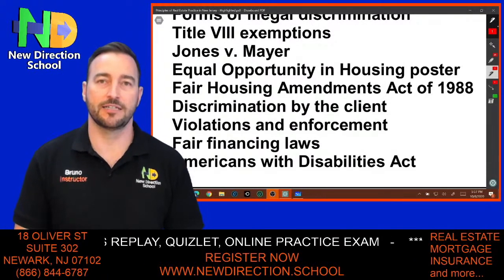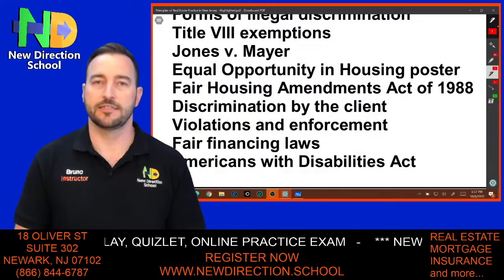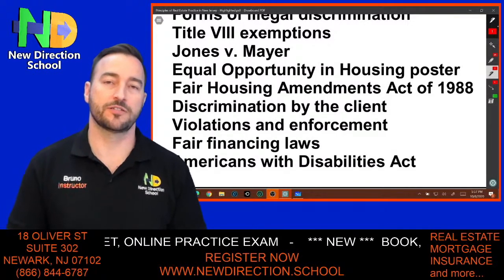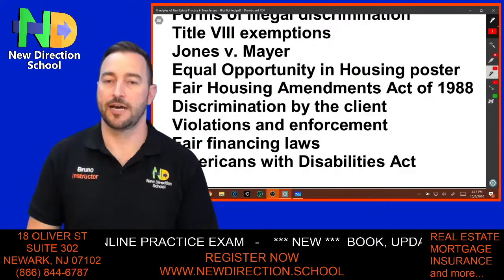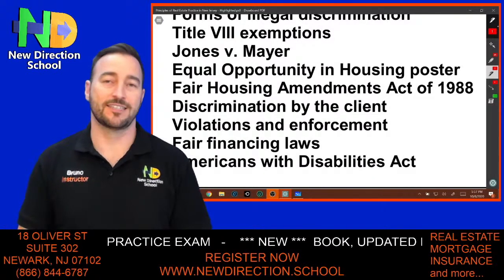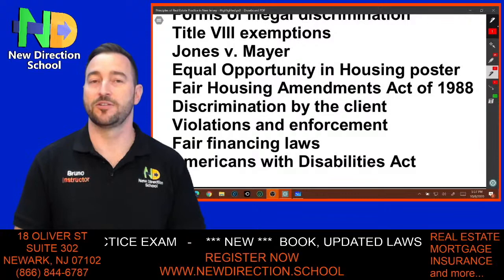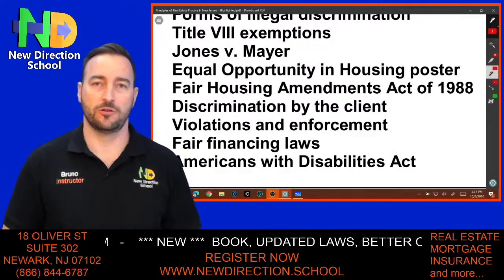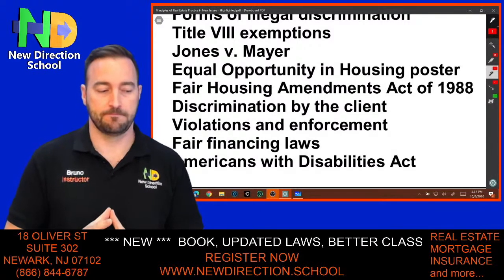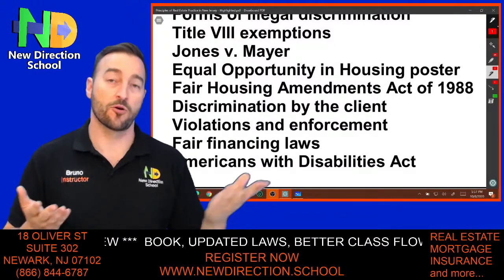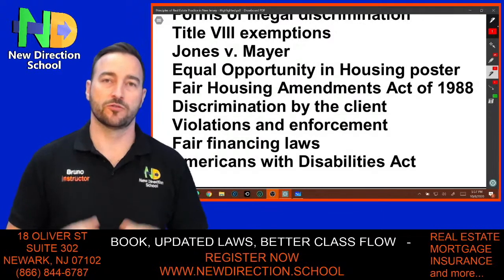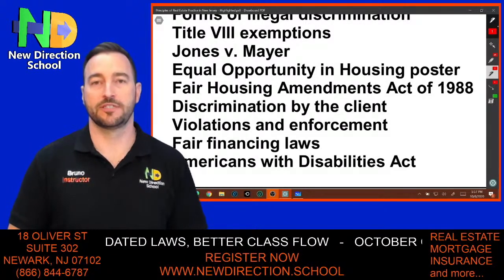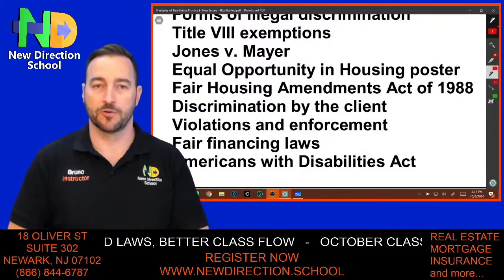Discrimination by client, mainly in listings, violations and the enforcement, fair financing laws, and the Americans with Disabilities Act. Just to give you fair warning, these are the federal laws. We still have to deal with state laws, which will be next week, okay? Federal laws pretty much set the standard for discrimination, and then each state can enforce even further whatever these basic or standard laws are, okay?